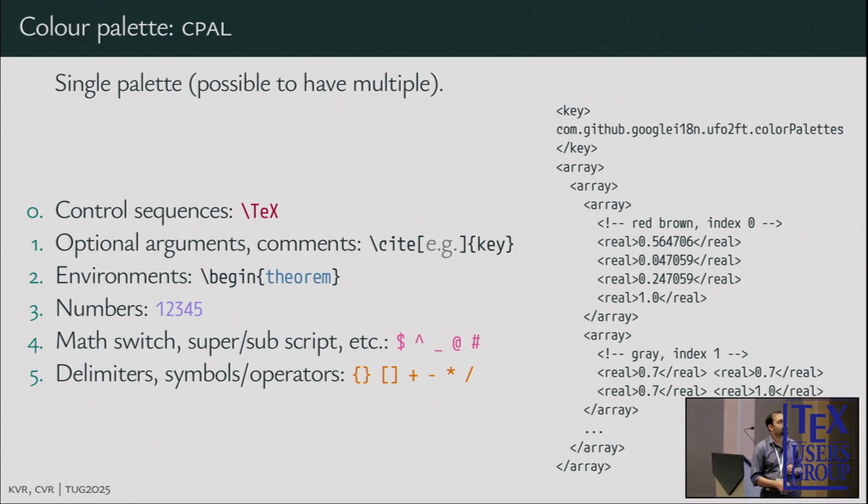So if that's red, brown, it's a real value, so it's a floating point value, 4 values. You would imagine this would be RGBA, alpha channel, but no, it's BGRA. I have no idea why OpenType has that specification, and I think ufo2ft actually requires it in RGBA, so it does the conversion automatically.